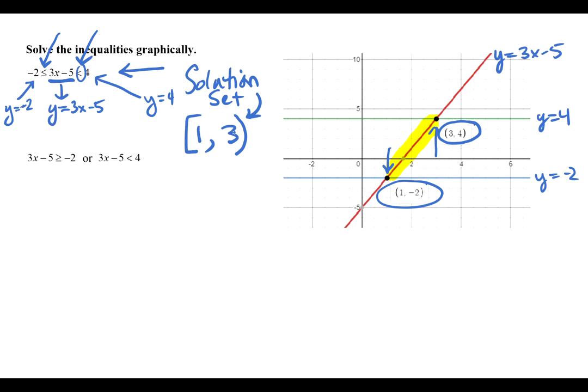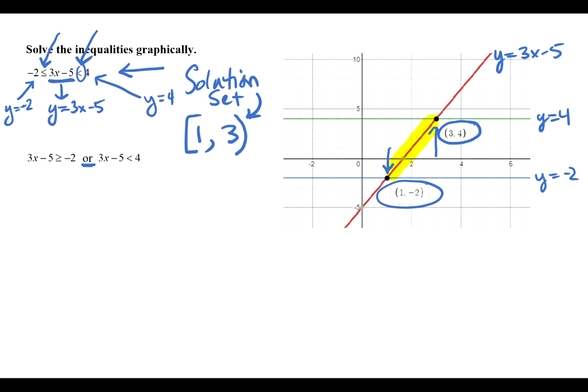Now our next statement looks at the same graphs, but instead of intersecting them, we have the word or, so we are going to union them. So when we look at that situation, we have 3x minus 5 is greater than or equal to -2. So I'll change my color.